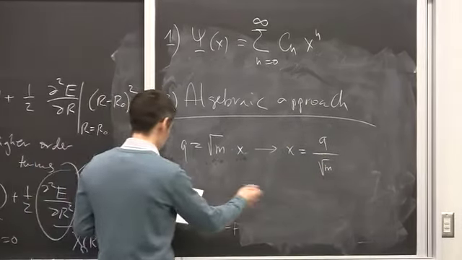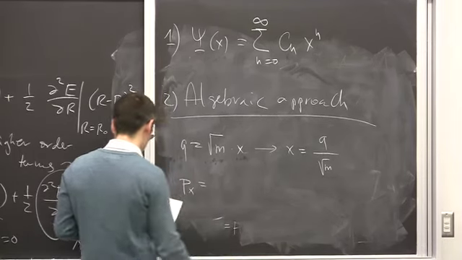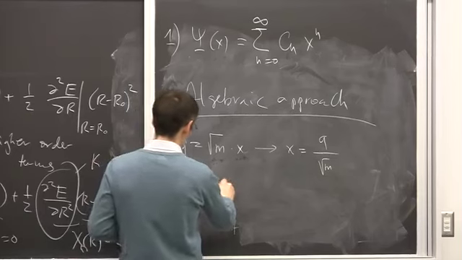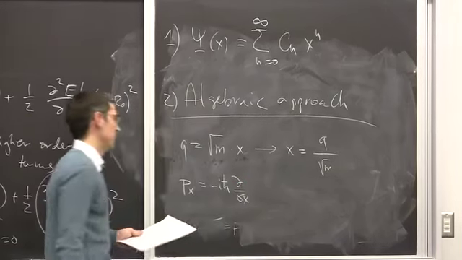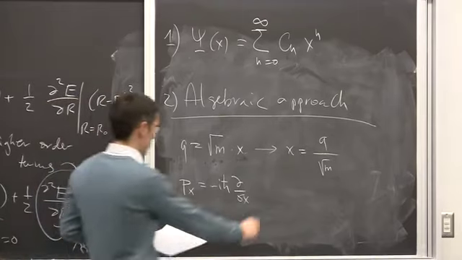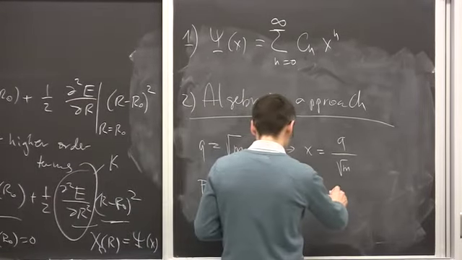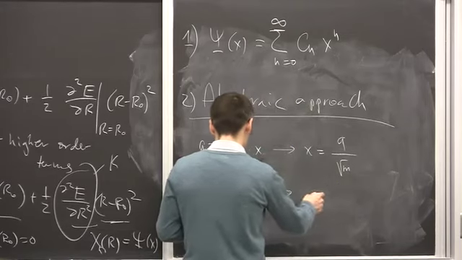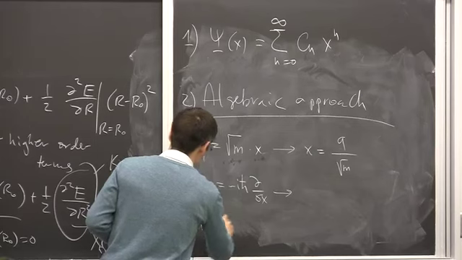And if we have a momentum p of x, which is minus i h bar d over dx, right, then we can say that essentially the alternative momentum would be the q momentum.